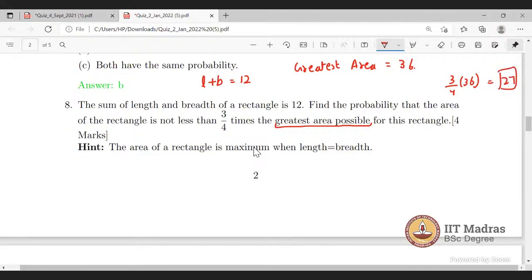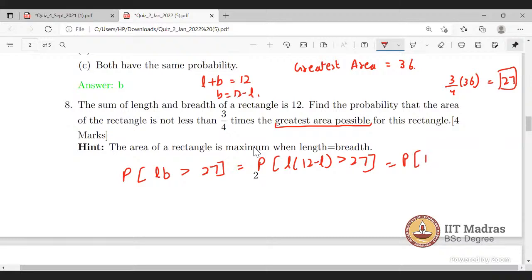I need the probability that the area of the rectangle is not less than 27, meaning it should be greater than 27. I can write B as 12 minus L, so L times (12 minus L) should be greater than 27.